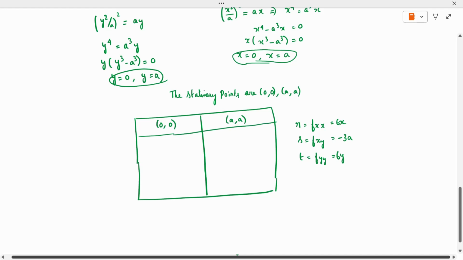So at (0, 0), rt minus s squared only I have to check. So it's nothing but 36xy minus s squared, which is minus (3a) the whole square, 9a squared. So this is rt minus s squared, and that condition I'm going to check.